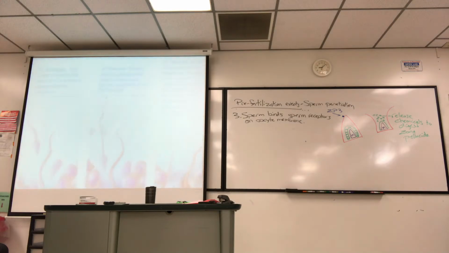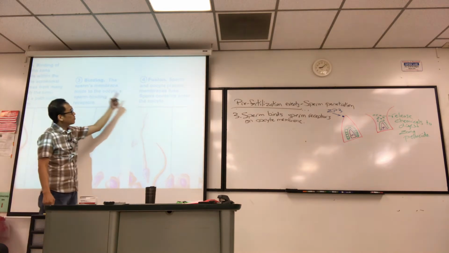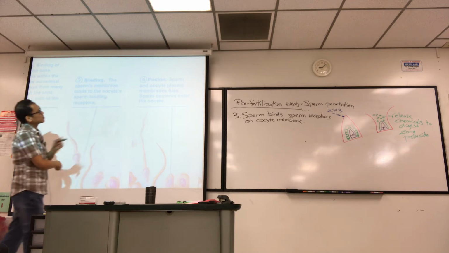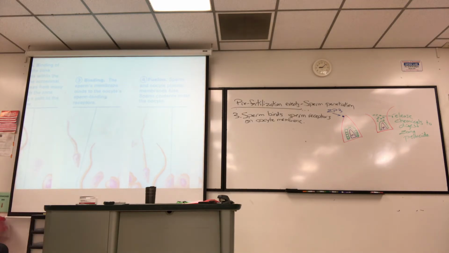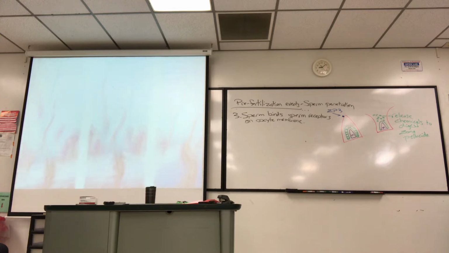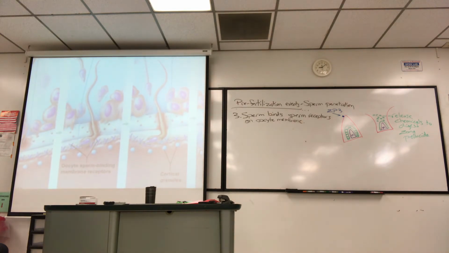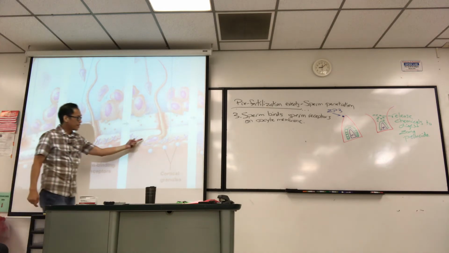Step 4 is the fusion. The sperm's membrane binds to the oocyte's sperm binding receptors, is what we just did. So the fusion that happens after that is sperm and oocyte plasma membranes fuse, and the sperm contents enter the oocyte. I guess they're kind of showing that. Well, they don't really show it. But the nucleus is all that they contribute.